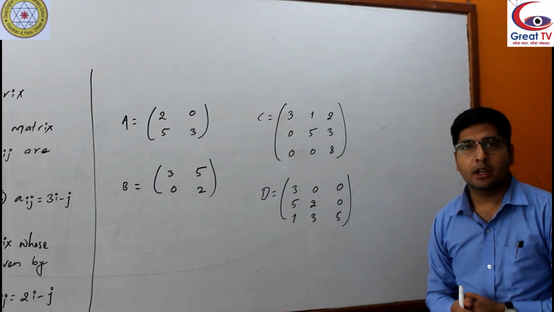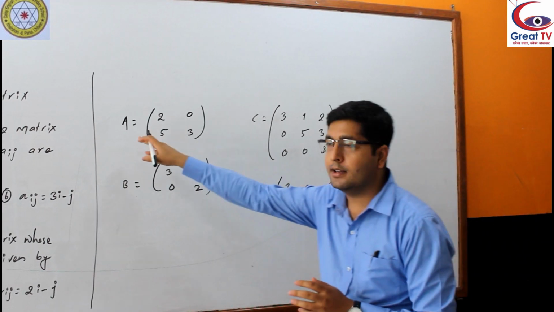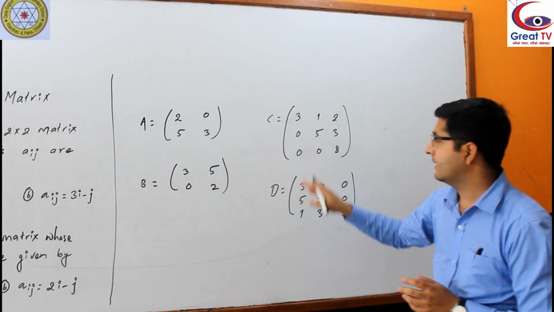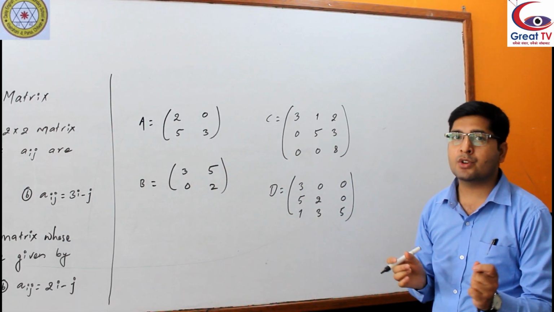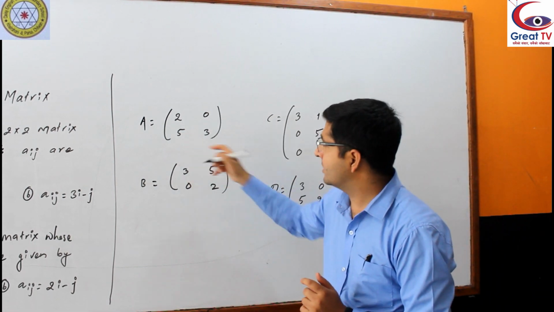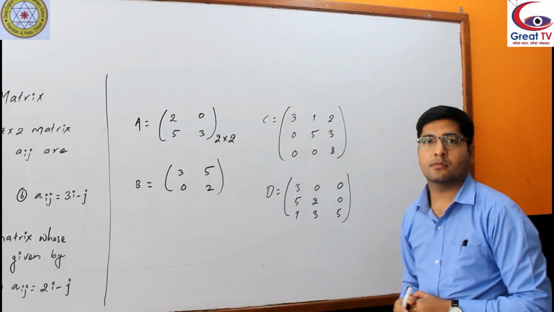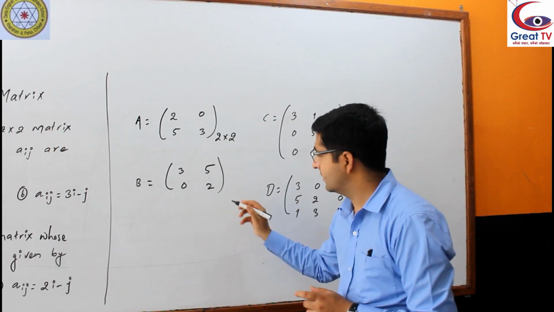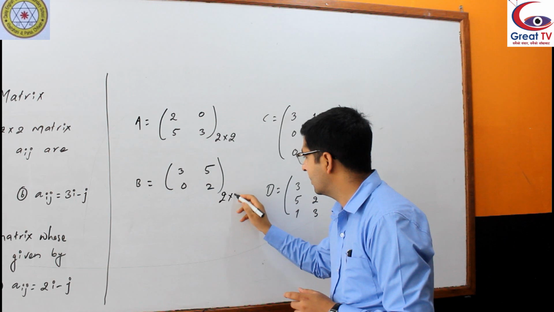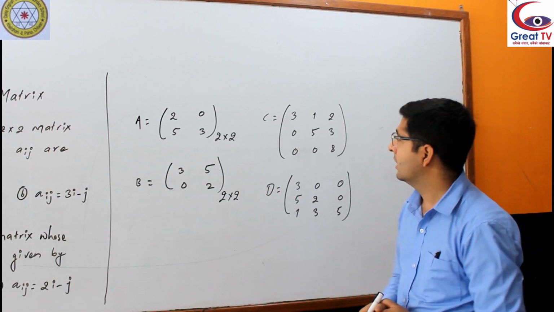Now, if we write the order of these matrices, we have 4 matrices here: matrix A, matrix B, matrix C, and matrix D. So, at first, write the order of the given matrices. You can see here, the order of this matrix is 2 by 2. The order of this matrix is also 2 by 2, because this matrix has 2 rows and 2 columns.